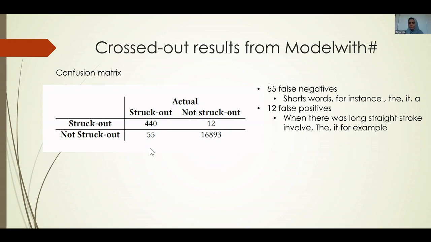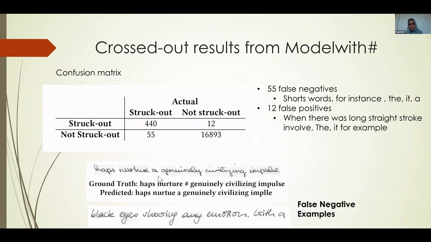There were 55 false negatives, and usually they consist of short words, for instance, the, it. We can see some examples. For example, this A has been crossed and it's not detected as cross, and the predicted is A. Same with any, where the shape of the word is not destroyed, so the model detects it as not crossed.